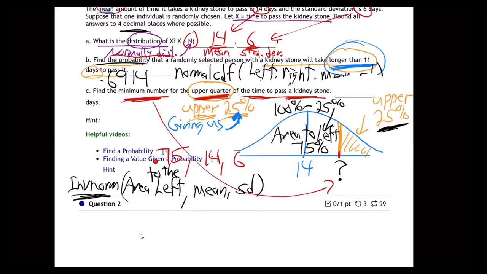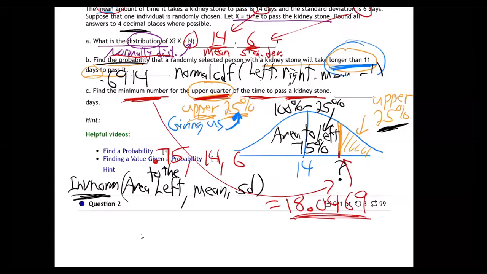Inverse norm, 0.75, comma 14, comma 6. I'll do mine, and then I'll do it on the main screen so you can all see it. Inverse norm is in the same menu, just one below the normal CDF. And I'm getting an answer of 18.0469.